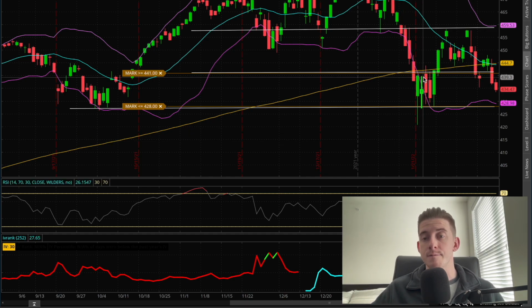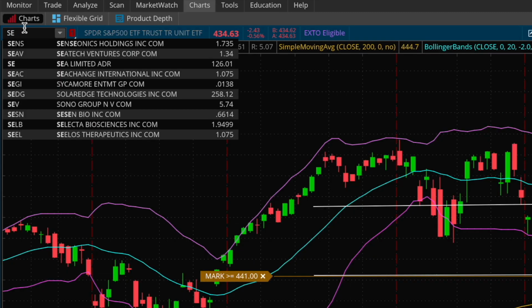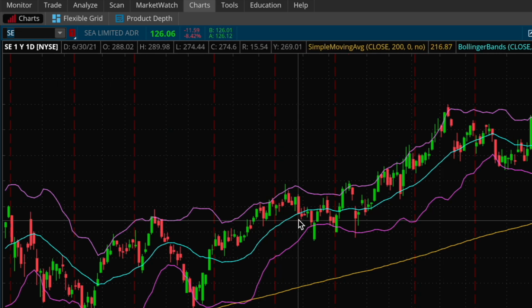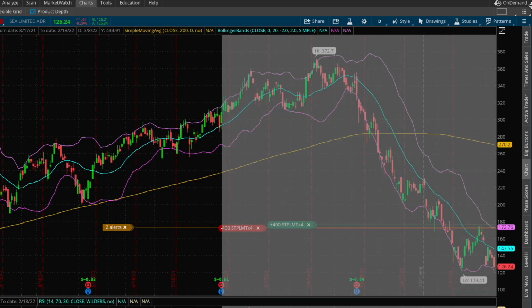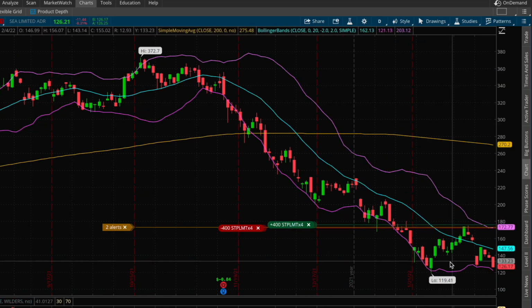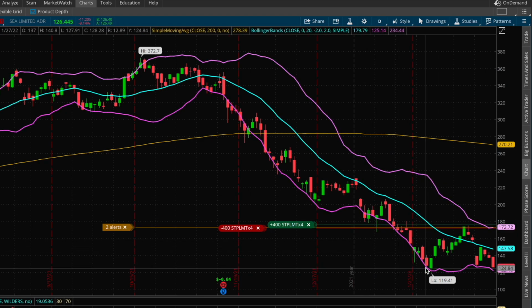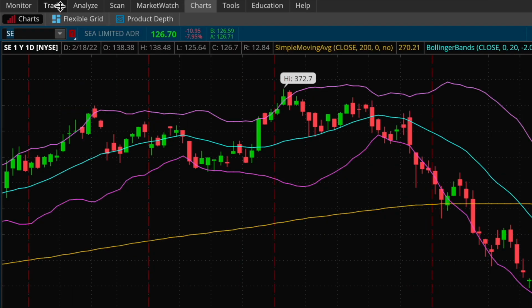So lastly here, coming over to SE, this is the last February position I have on right now. And as you can see, I'll zoom in here a bit, this stock has done absolutely nothing except go straight down, with the exception of this one little dead cat bounce right there. And this same kind of thing also happened with my former Roblox position, Nvidia, DocuSign, Roku, etc. So for this one in particular, let's come over to the trade tab.